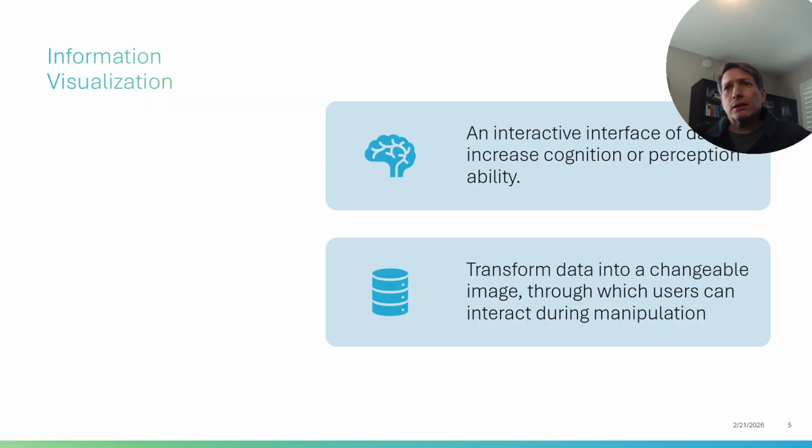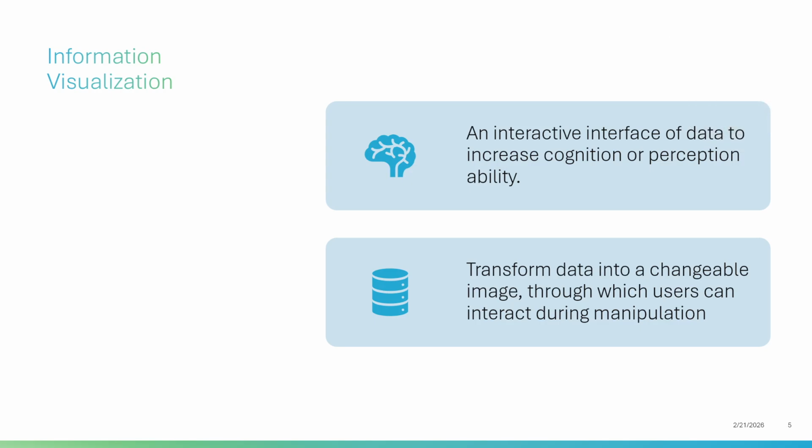In that regard, when we talk about information visualization, we are talking about an interactive interface of data that is going to increase the cognition, or the perception ability, of the individual that is interacting with the data in the way that it is presented. What we want to do is transform data into an image that is going to help the interaction and manipulation of the user.